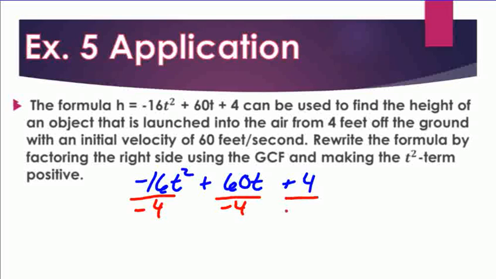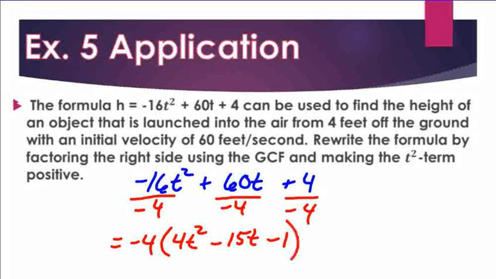And I'm going to do that for all 3 terms. So that would give us negative 4 times parentheses positive 4t squared minus 60 divided by 4 gives you 15, so minus 15t minus 1. And that would be our answer.